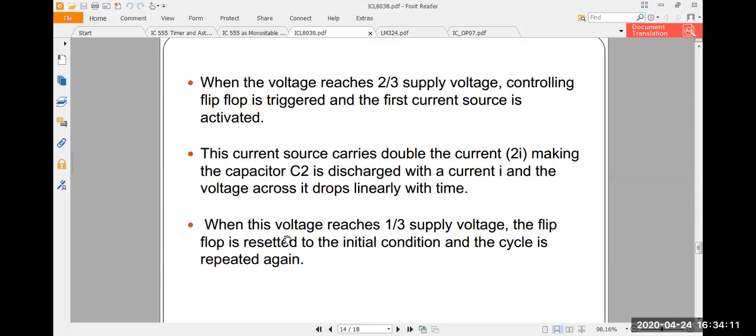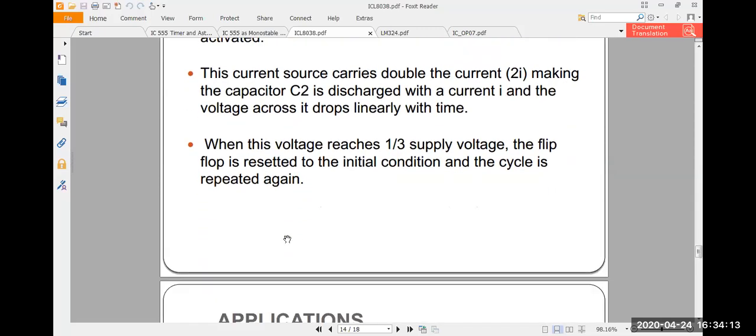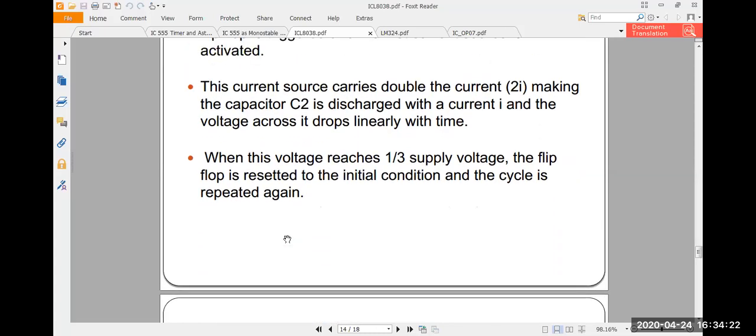Whenever the voltage is less than one-third of the supply, the flip-flop is reset to the initial condition and the cycle repeats itself. So this is how you generate the waveform with the help of 8038.